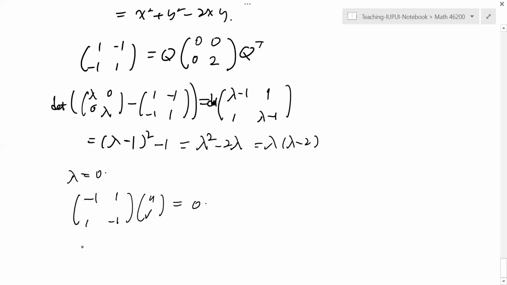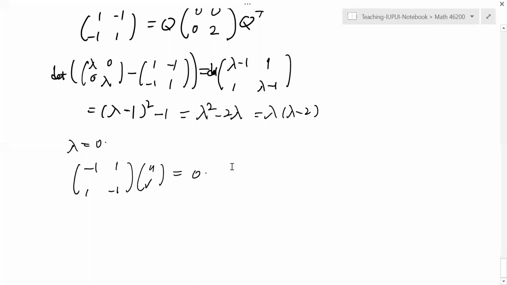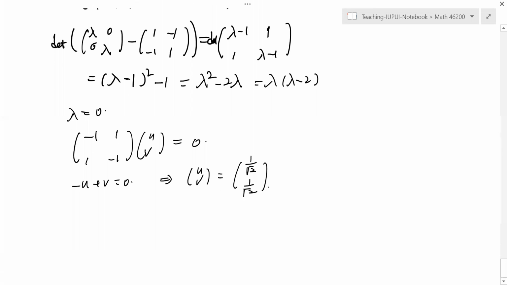So clearly, negative U plus V should be 0, right? So U and V should have the same sign. Now, since you have to have a unit vector, because we're going to look for the orthogonal vector. Okay, this is a unit vector.